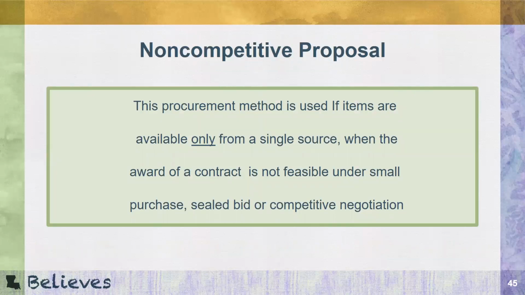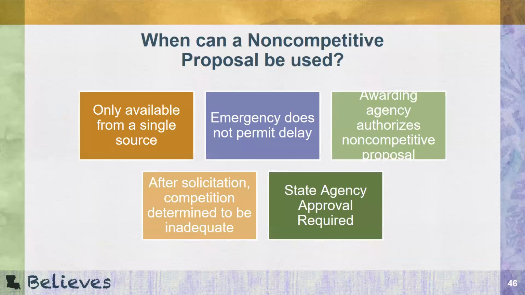The non-competitive proposal method is used only if items are available from one single source, when the award of a contract is not feasible under small purchase, sealed bid, or competitive negotiation. So, like we said, when can it be used?